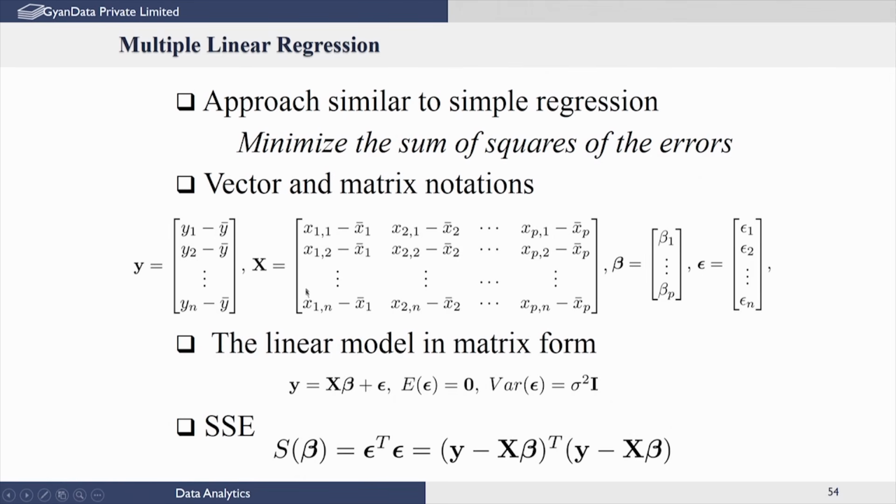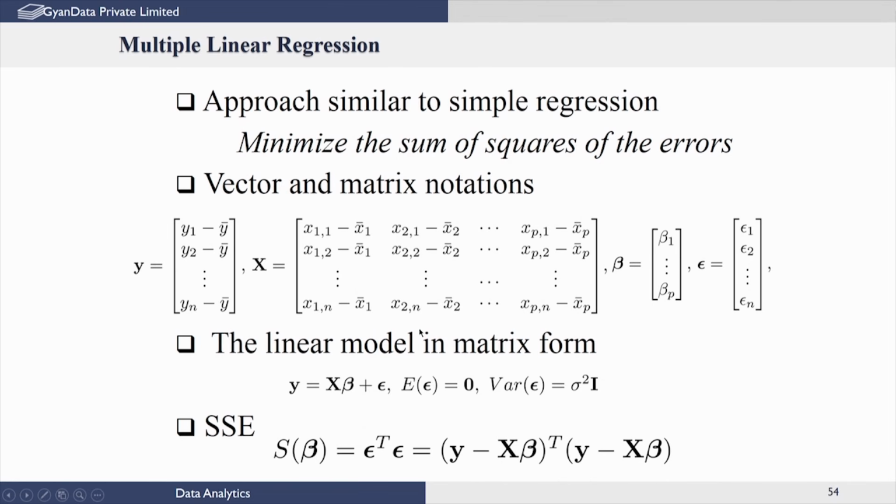That means we take the mean of all these n samples for the first variable and subtract it from each of the observations of the first independent variable. So, the first coefficient here will be x11, the first sample of the first independent variable, minus the mean value of the first independent variable, and we do this for all n measurements of the first independent variable.